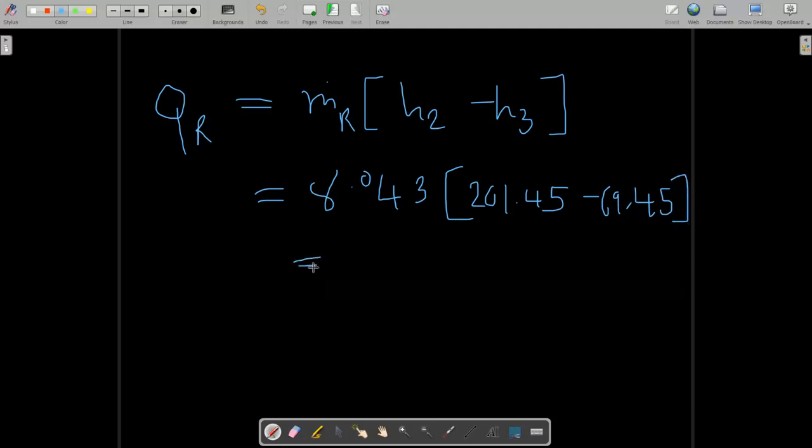When you solve this, you will find 1067.67 kilowatt. This is the answer to your fifth question that has been asked.